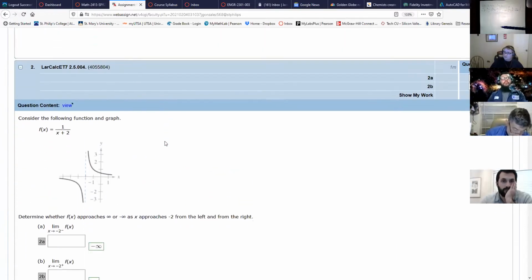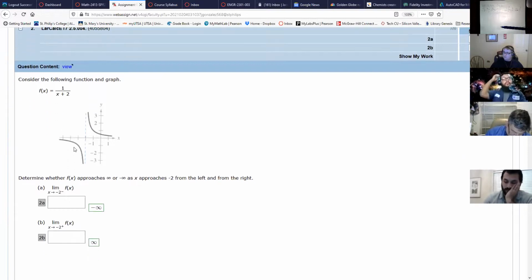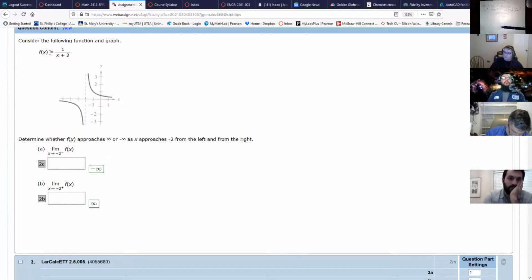All right. This one, number 2, is pretty much the same deal. You can see that plugging in a -2 makes a division by 0, right? So they start asking, well, what if we can't plug it in? What happens as I approach it using a limit from the negative side? So -2 is right here. Approaching from the negative side, it goes down forever, hence negative infinity.